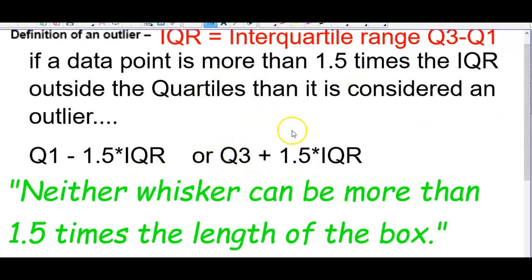Well, it's okay to say one of the data points was more than 1.5 times the interquartile range beyond the box, or you can simply say, I graphed it on my calculator and it showed that one of the points was an outlier. Okay. The overview is neither whisker can be more than 1.5 times the length of the box.